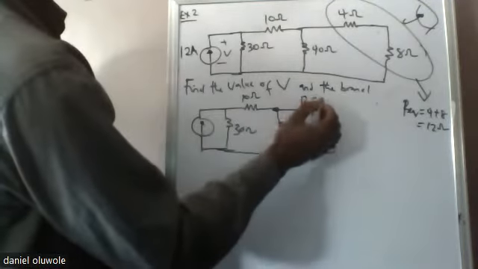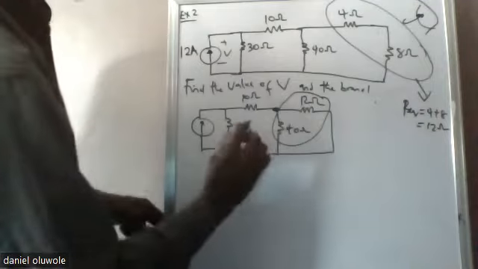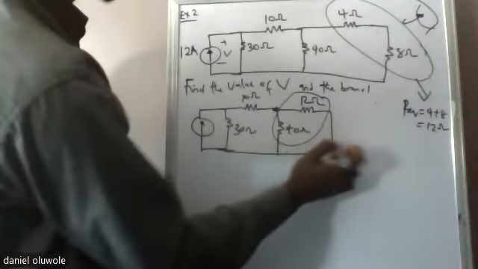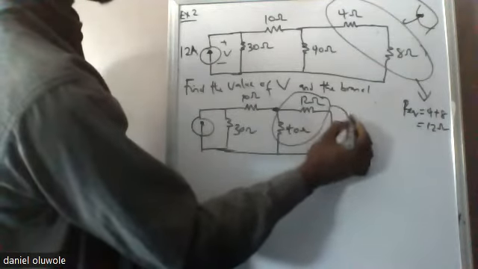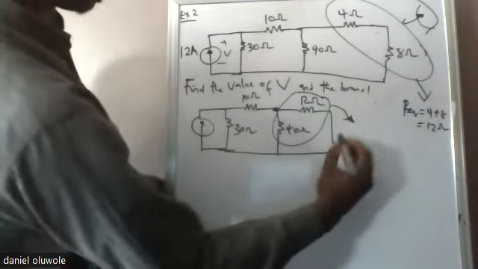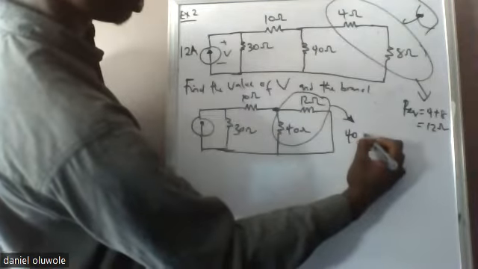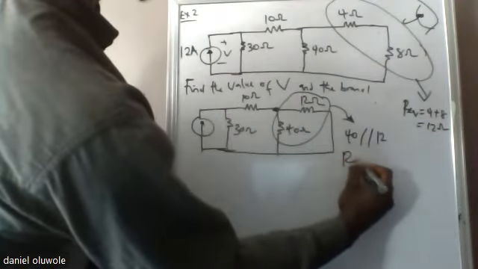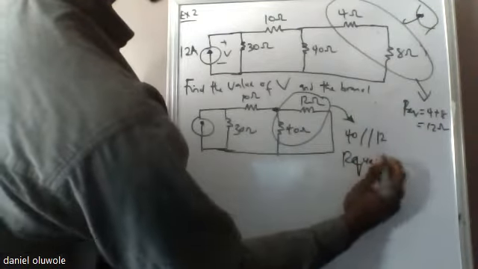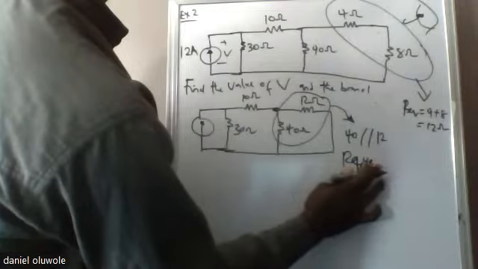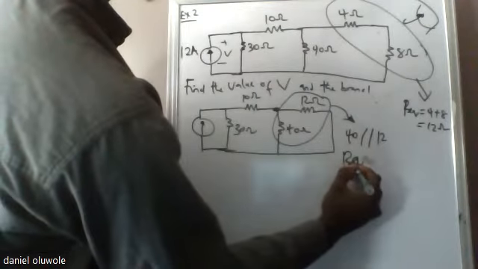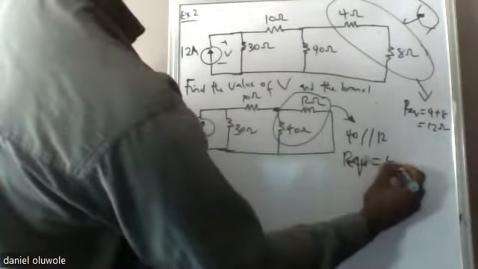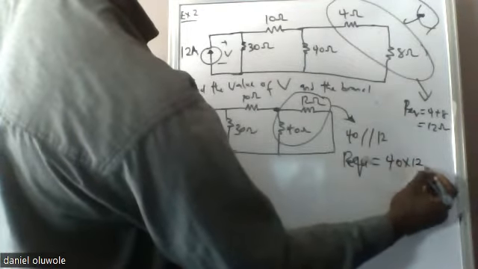It's very important to understand these things. It's good to go and solve more problems after this class so that you'll be sure that you understand. So 40 ohms is in parallel with 12 ohms. And of course, the equivalent for that is product over sum. I've said that before.